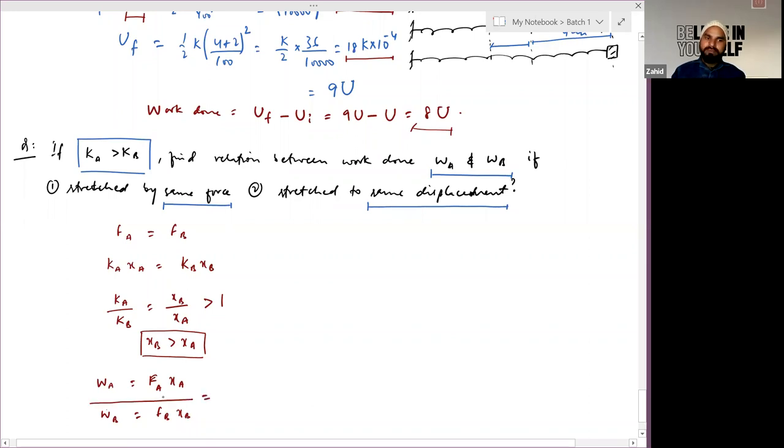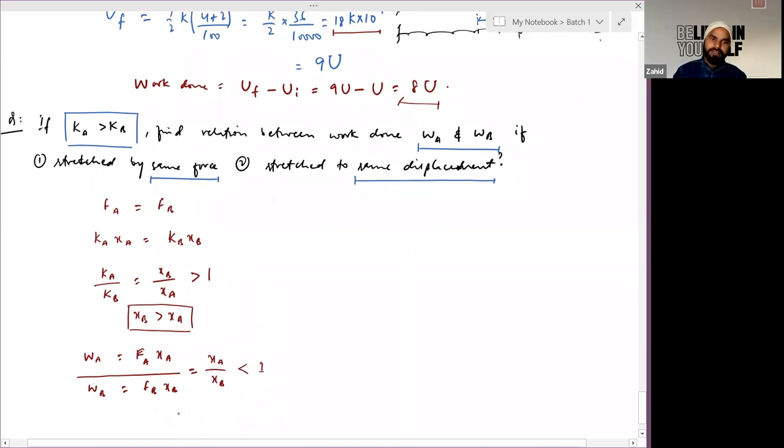Force in A and force in B are equal, so these two terms will cancel out, and we're left with Xa divided by Xb. Now I defined in the above part that Xb is greater than Xa, so you get a ratio less than 1. From this, we can say work done in A will be smaller than work done in B.